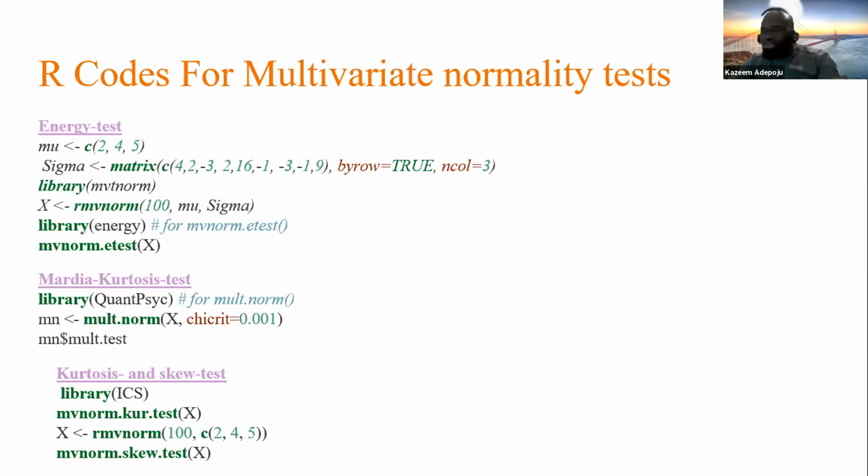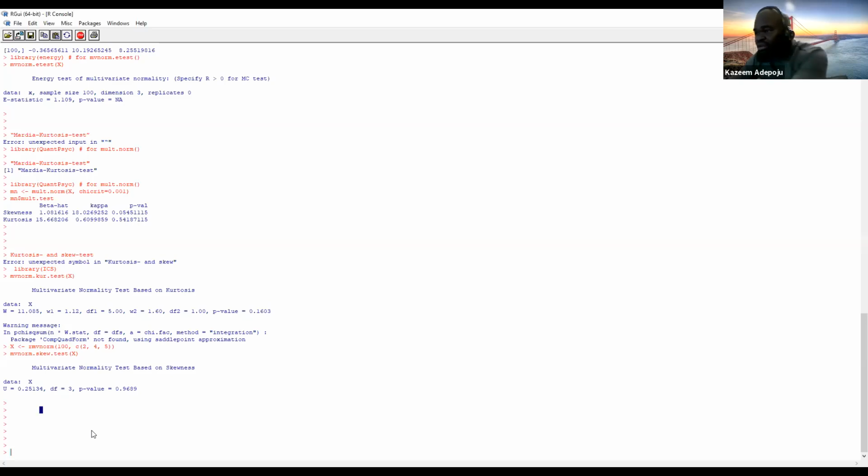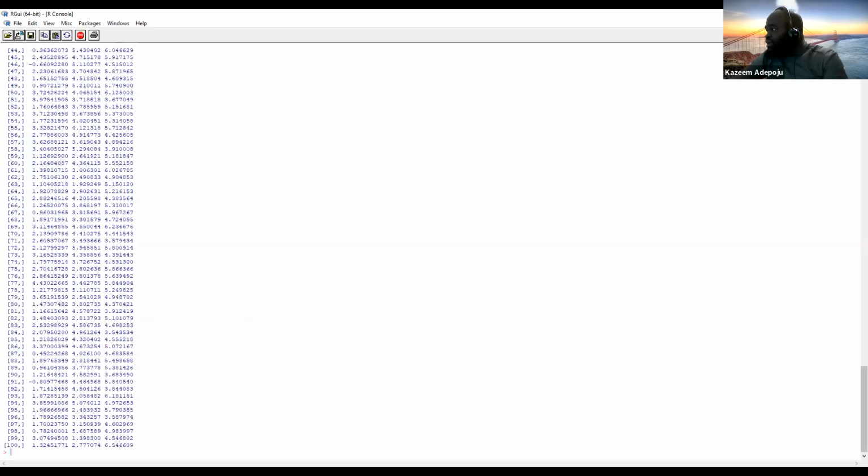I want you to see how your data set is actually going to look in R. So you don't need a formula; all you need is your data set. The formula in R has already been programmed. Now the X here is my data. Look at the data right here.